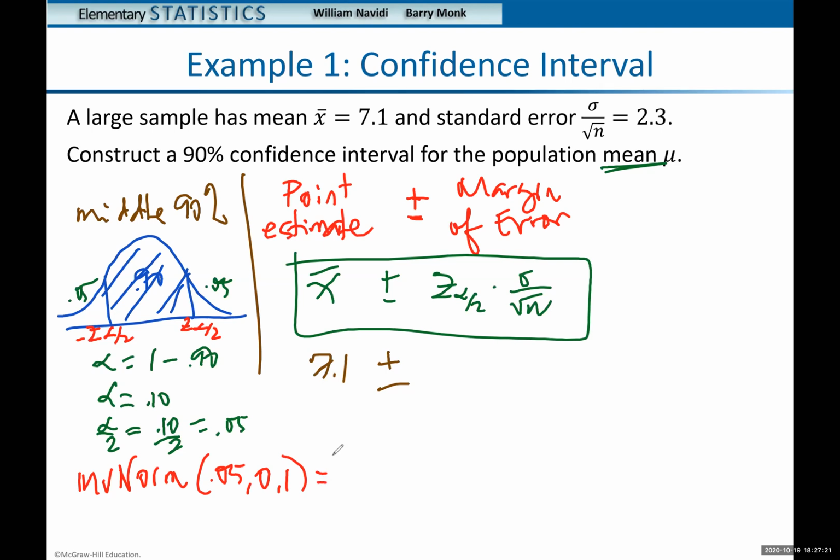Try this. For those with a calculator, what's your answer here?